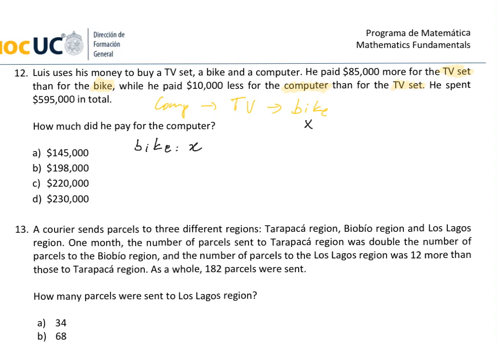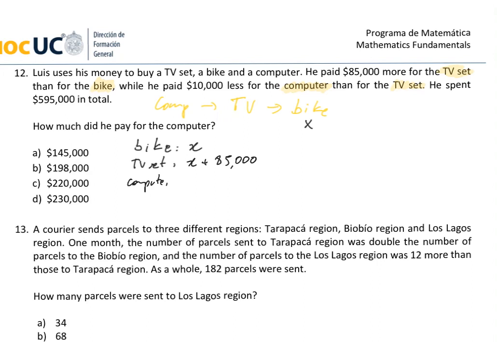Then we have the telly. What happens to it? He paid 85,000 more for the telly than the bike. So X plus 85,000. And then we have the computer.